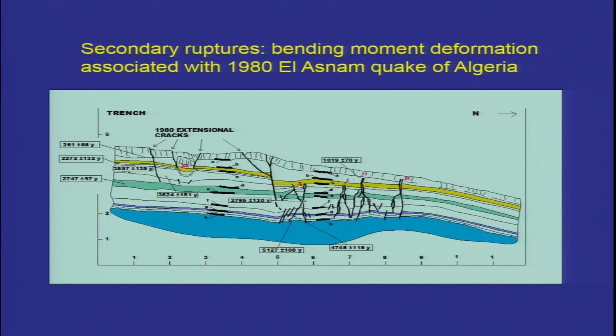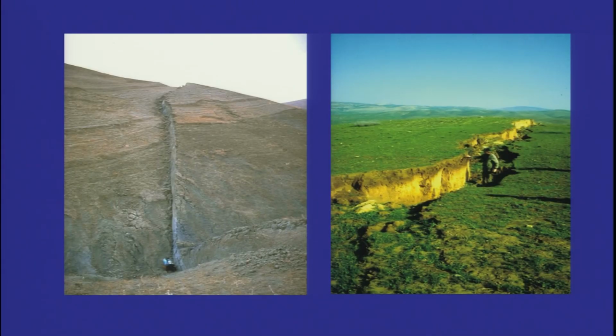So, the secondary faults which developed along the folding were taken into consideration, and this helped in identifying the different earthquakes in that region. You can also have normal faults which develop on the surface because of the folding.